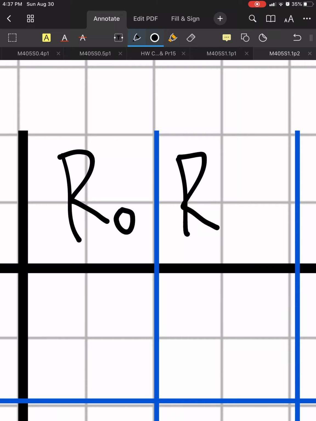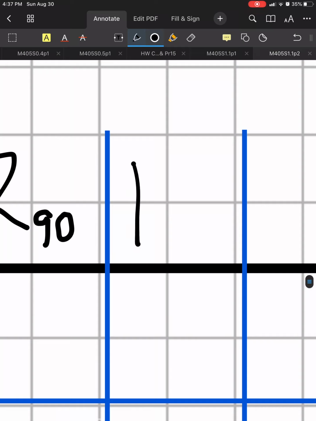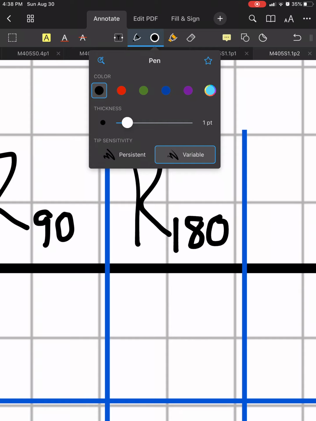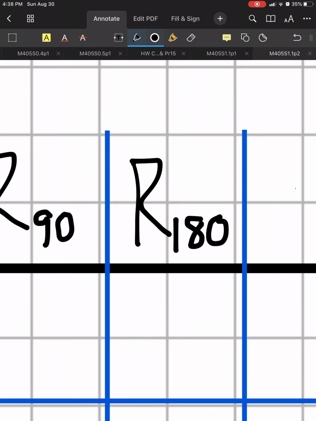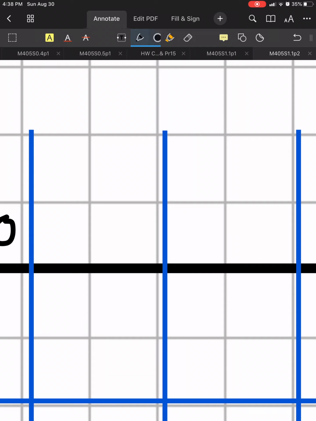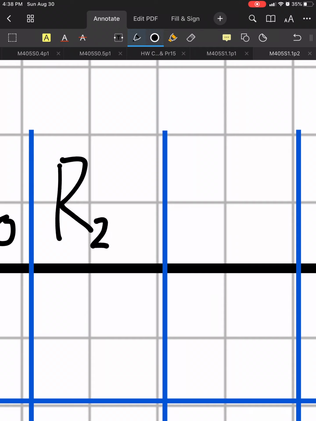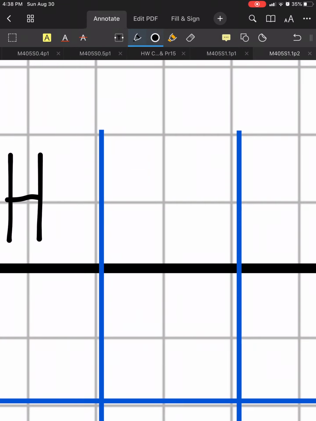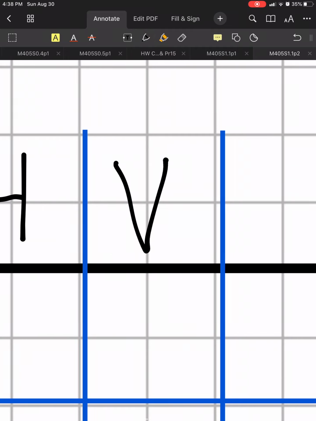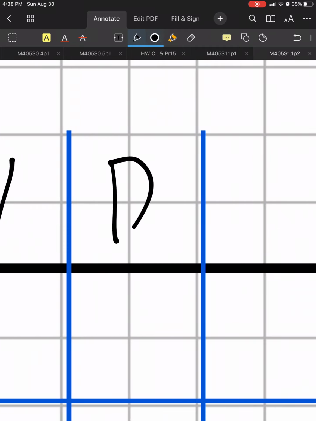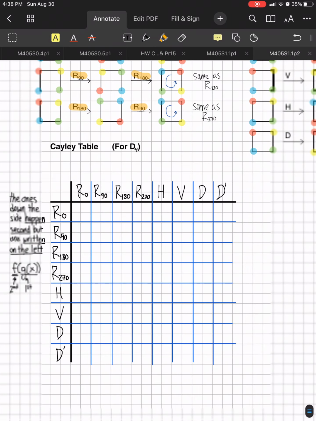So that's awkward. Also, the book has a couple of mistakes in that chart, so we've got to fix those as well. 180. Oops, hang on. That ain't right. There we go. 270. And then they do these HV. These are just symbols, there's no specific ordering that has to be here for these. But we've got to do them.